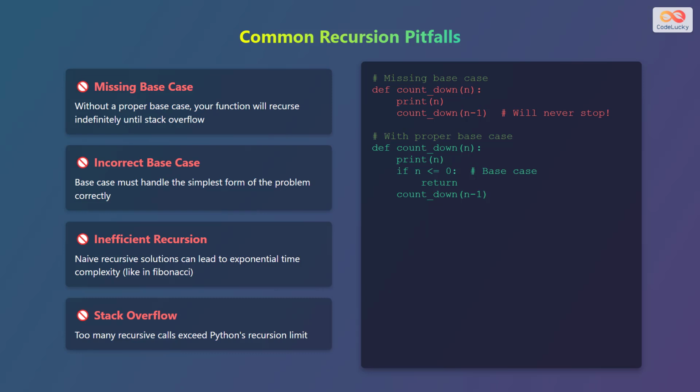Fourth, a stack overflow happens when there are too many recursive calls, exceeding Python's recursion limit. Always ensure your recursive functions have a proper base case and are designed to avoid unnecessary computations. Here in this slide, we can see the countdown function without the base case. So, always define a proper base case.